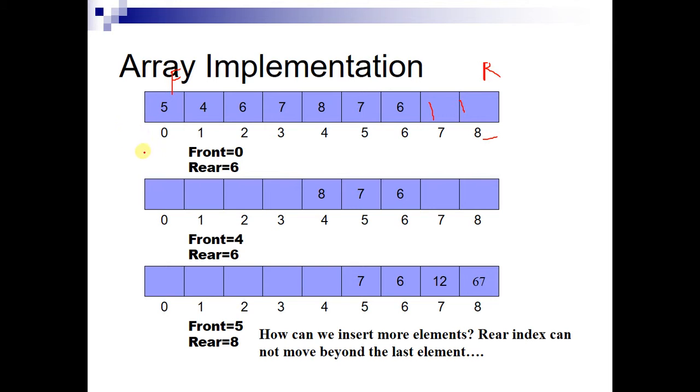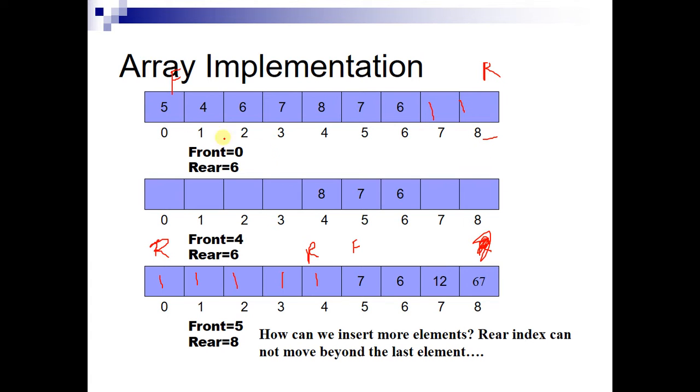And similarly, suppose in this case this is rear and this is front, and we add more values to this queue. So what will happen? It will move from here to here, and when more values are added, rear will come here. So at this point 4 plus 1 is equal to 5 and the queue is full. But for this situation we need to make it 0 again.